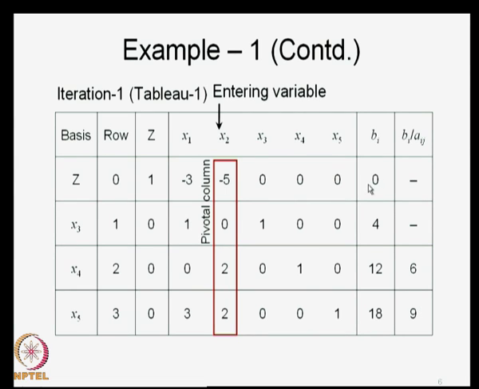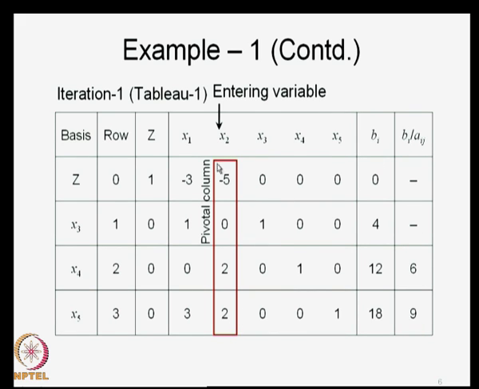So, we calculate bi by aij if both of these are positive. Here it is negative, therefore you do not calculate. Here it is 0, therefore you do not calculate. That is 4 by 0, which is infinity, so do not calculate that. Then 12 divided by 2 is 6, and 18 divided by 2 is 9. So, this is how you calculate bi by aij.